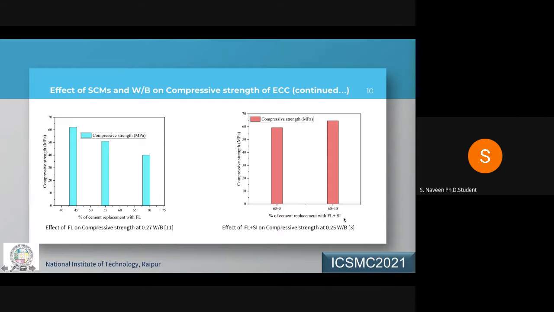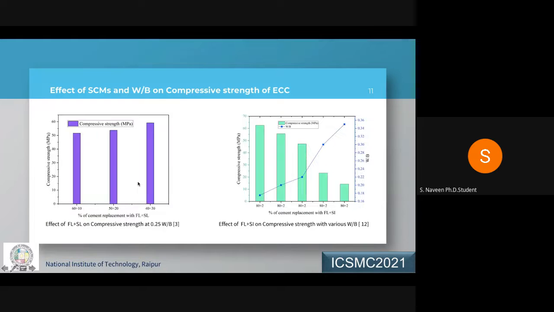And these pictures represent that the compressive strength with a combination of fly ash and slag also improves. The slag particle is angular and the fly ash particle is spherical in shape, and these will fill the voids present in the composite. Automatically that makes the structure denser and the microstructure strong. That is responsible for higher compressive strength.